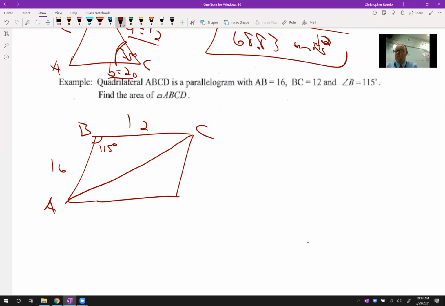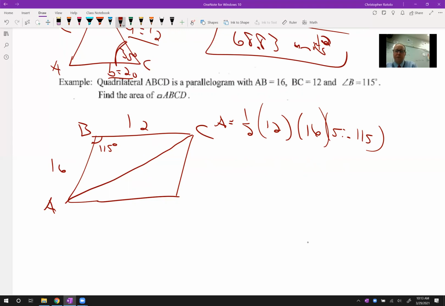Well, you know what we're about to do. So 1/2 times 12 times 16 times the sine of 115 degrees. We're going to find the area.